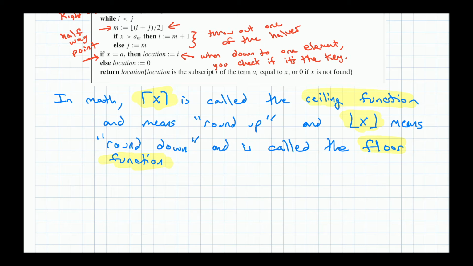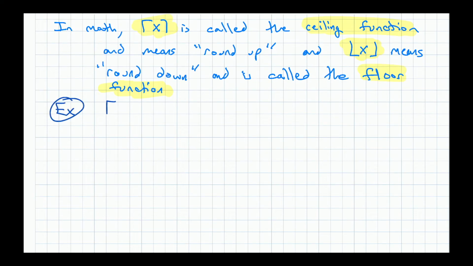Okay, there they are. So how do they work? Well, here's how they work. So, examples. So like if you do 3.3 ceiling, you would round that up. So it rounds up to 4. Whereas if you did the floor of 3.3, that means round down. So it's not round to the nearest integer, it's round up or round down.